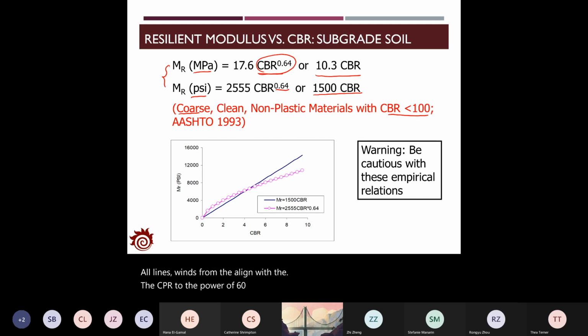The other one is using the linear relationship. So the pink line is the nonlinear relationship, and the blue would be the linear relationship. And again, this is just an empirical example, and it does not show the physical features.